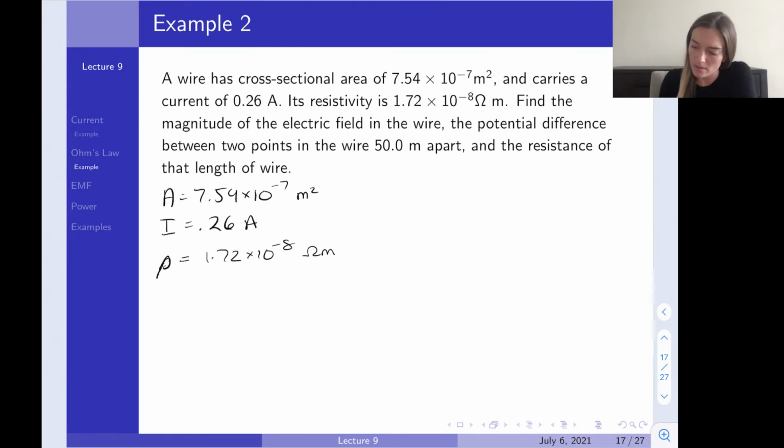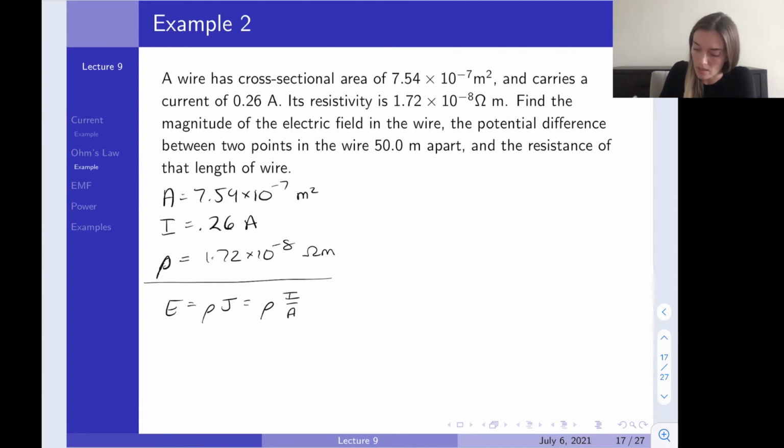Okay, this one's basically plug and chug, so let's get used to the equations here. First we want to find the magnitude of the electric field. I can figure that out because I know that the electric field in the wire is going to be the resistivity times the current density. I know the current and the cross-sectional area, so I can figure out the current density, and I'm also given rho.